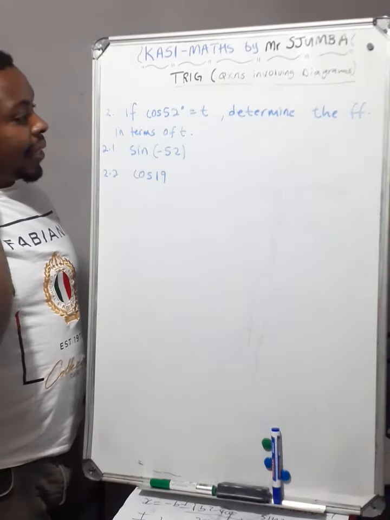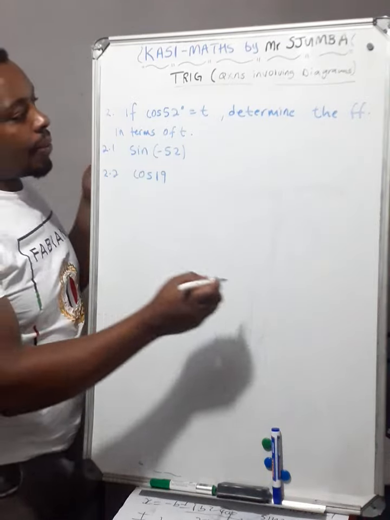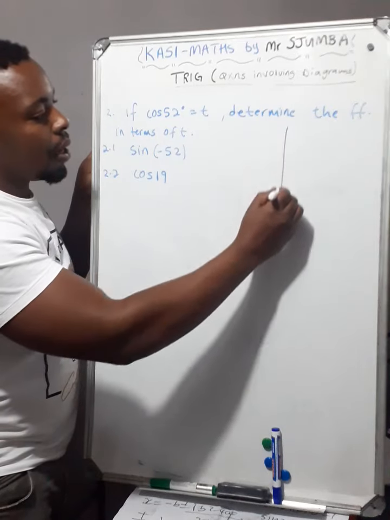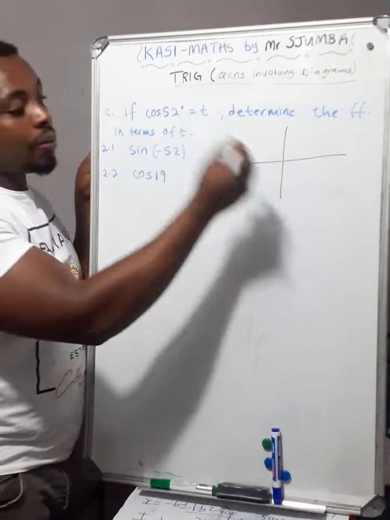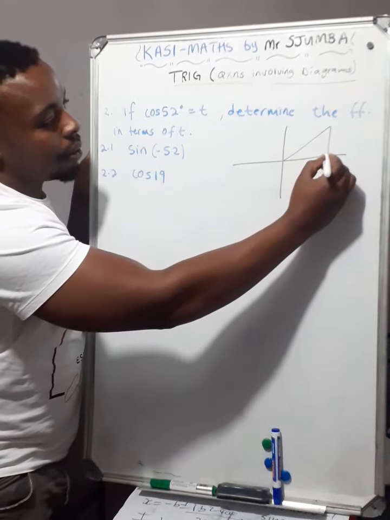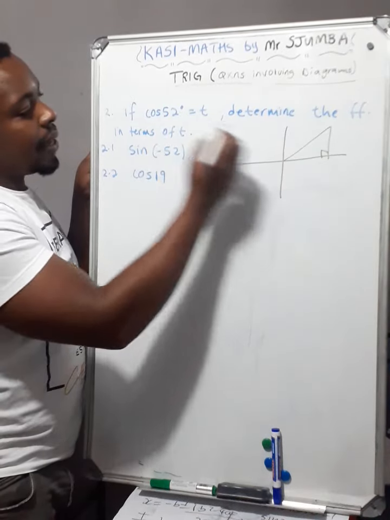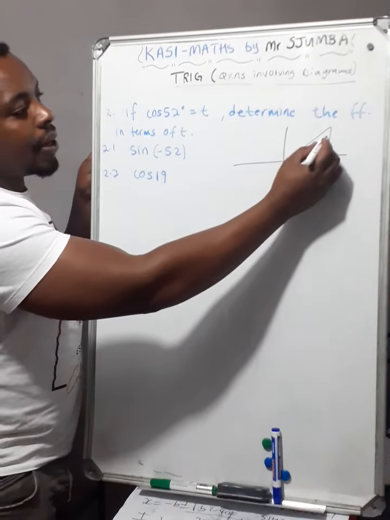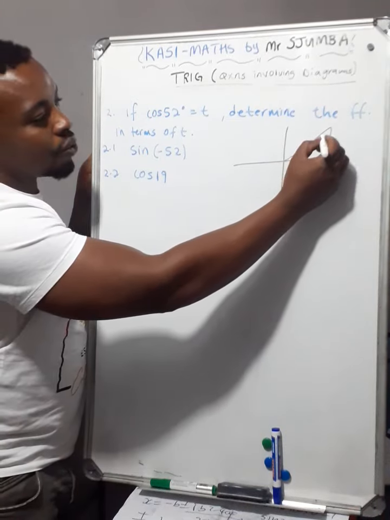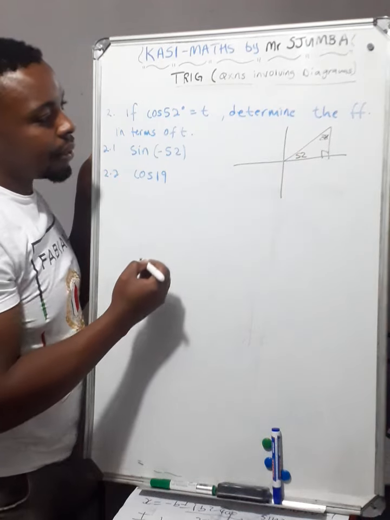Yabo? Asiboneni ke. Diagram first. So it's equal to a variable. We should draw as quadrant 1. Then the angle is 52. Then angle lapha 90 minus 52, it's 38.